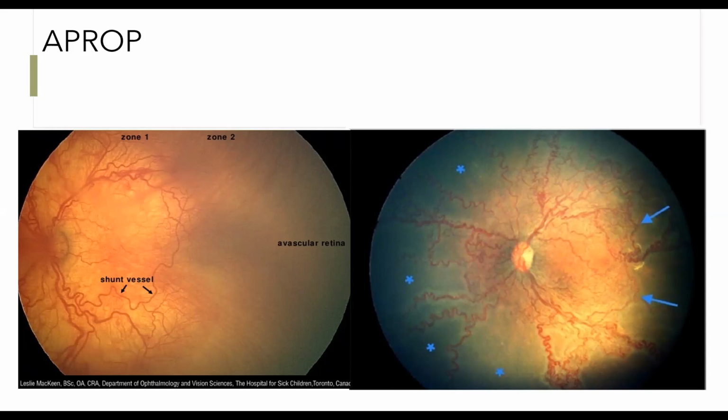So what we learned till now was the classical teaching of ROP, where a baby has an immature retina, it gets converted into stage 1, then 2, then 3, and then we treat. Now what happens in very premature babies, those with a birth weight of less than 1200 grams, or with a gestational age at birth of less than 30 weeks? What happens in them is the vessels have not gone beyond zone 1 even.